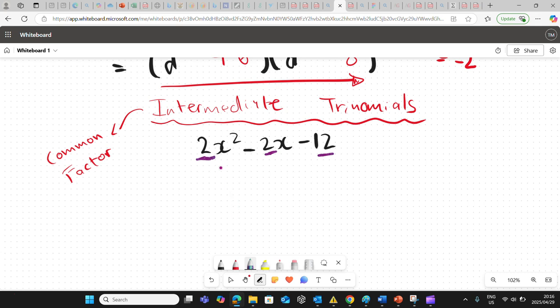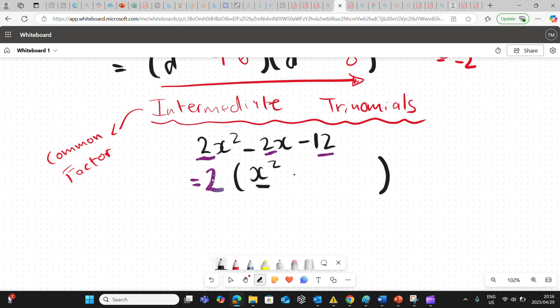And what is that common factor that I can take out? It's a 2. So let's first do that. Take out our 2, open our bracket. 2 times what would give me back 2x squared? 2 needs to multiply with an x squared to give me back 2x squared.